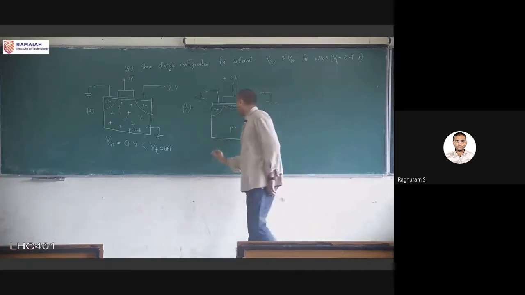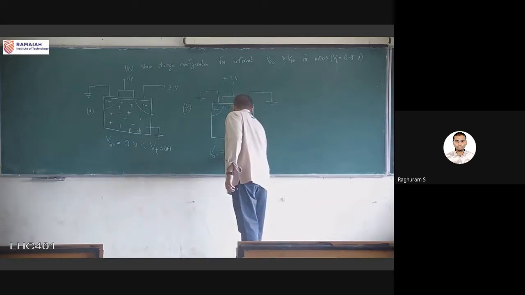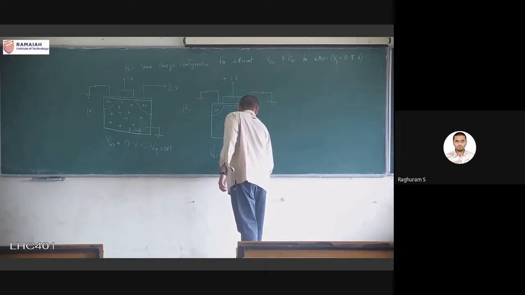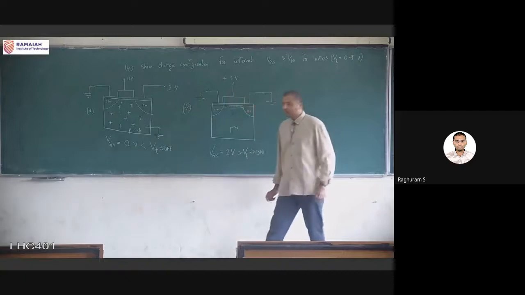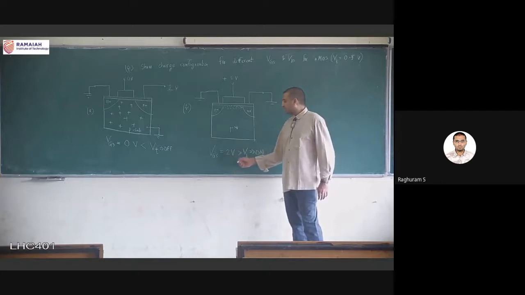In this particular case, VGS equal to 2 volts, which is greater than VT. The transistor is considered on because our electrical condition for NMOS transistors is VGS should be greater than VT, and it is true.